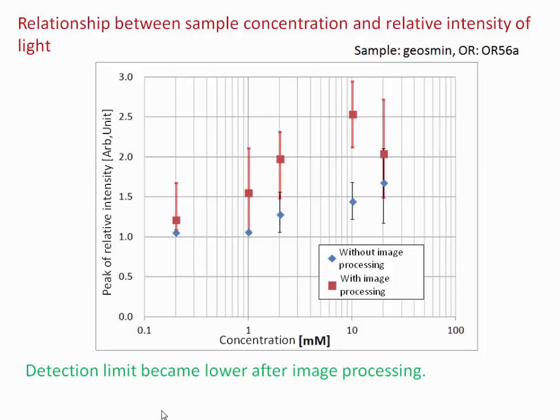And when you see this graph, without image processing, around 1 millimolar is almost the detection limit. However, when we do the image processing, the detection limit can be decreased by around one order of magnitude. So the detection limit becomes lower after image processing.